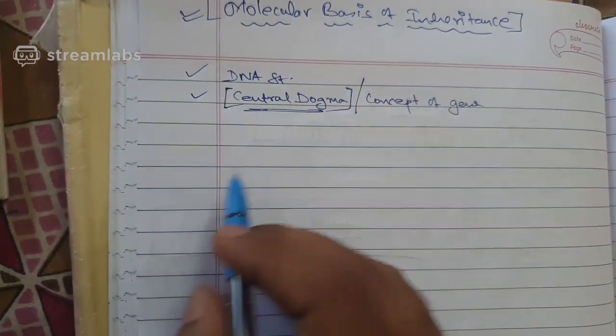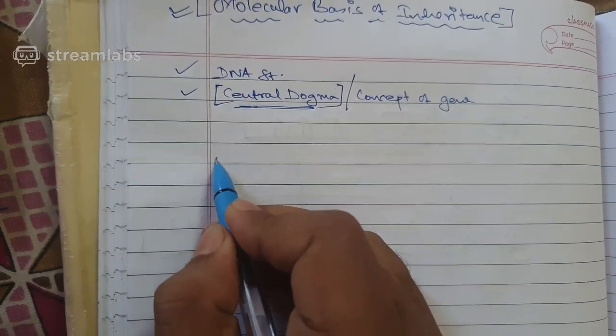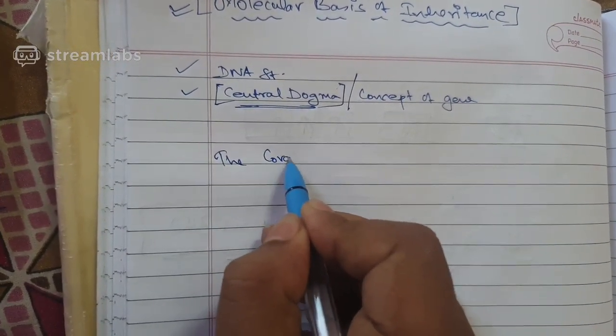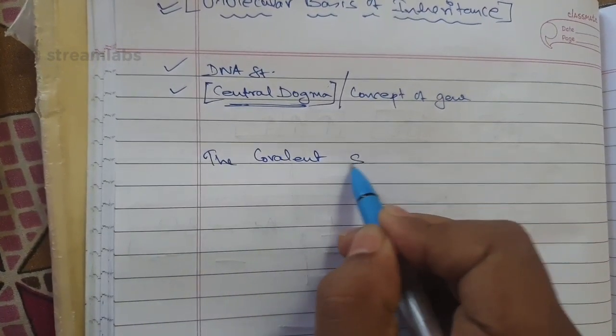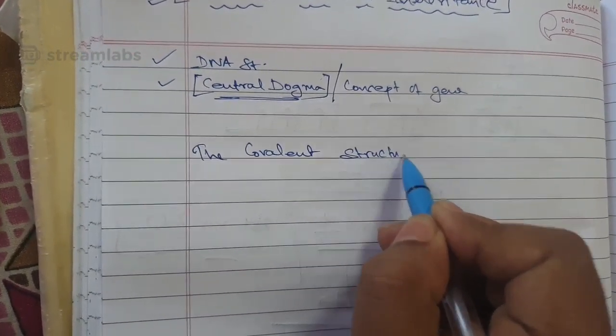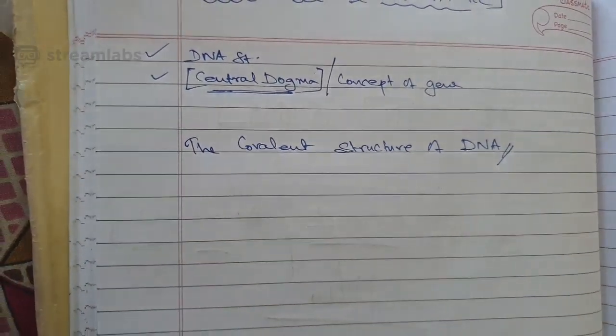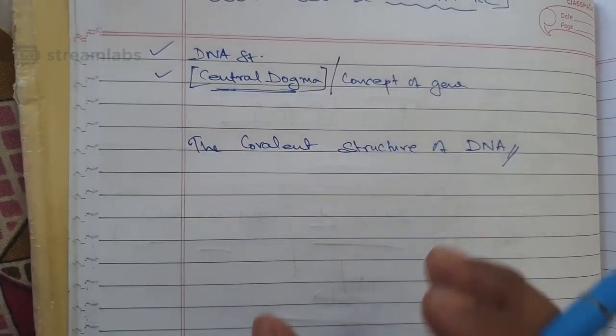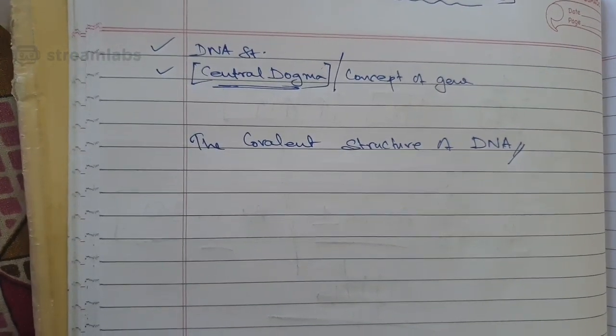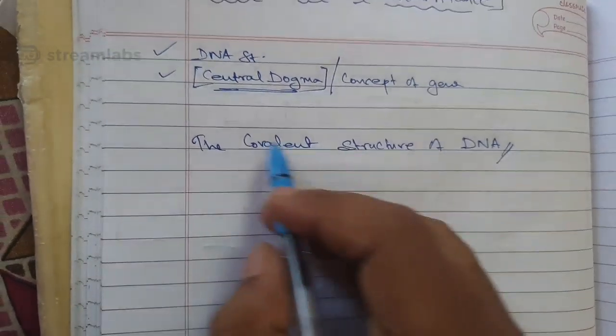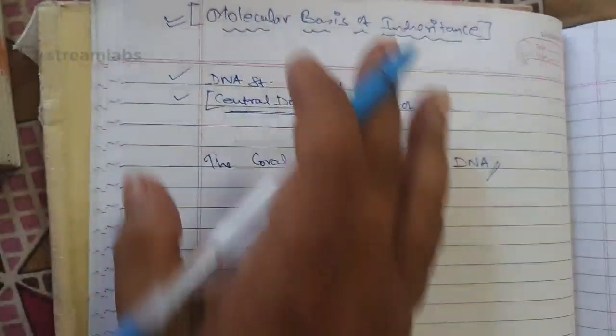Today, basically, we have understood the structure of DNA in our previous video, that is, the secondary structure.